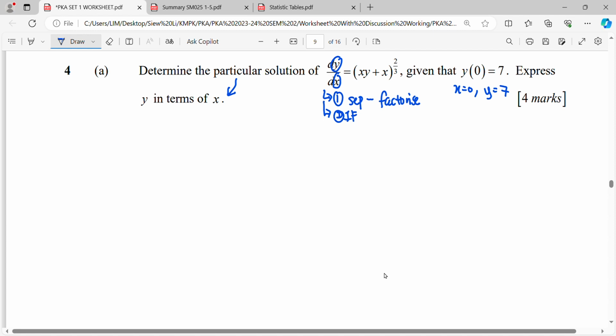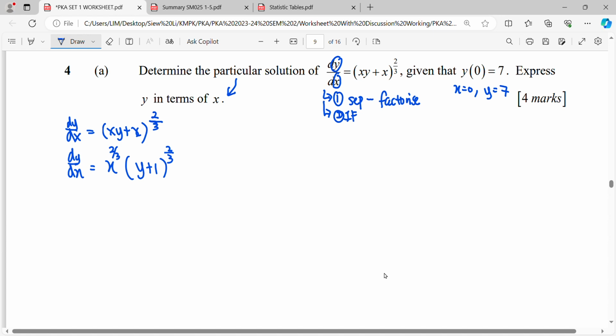Alright, so we try to see this differential equation, whether it can factorize or not. Can we factorize this x, y plus x? Yes, x can be factorized out. But when x is factorized out, what happened? It's supposed to be power 2 over 3. Remind back your topic 3 binomial.